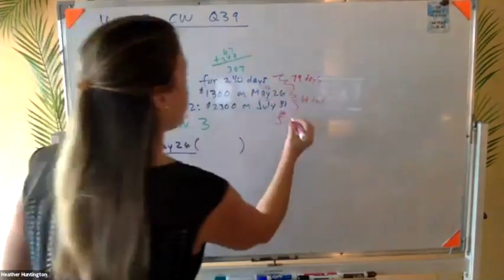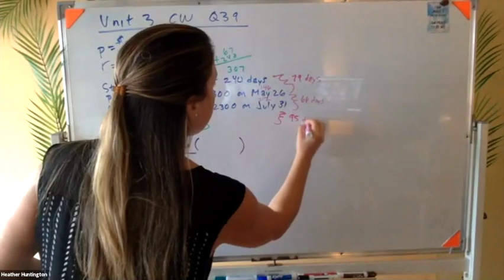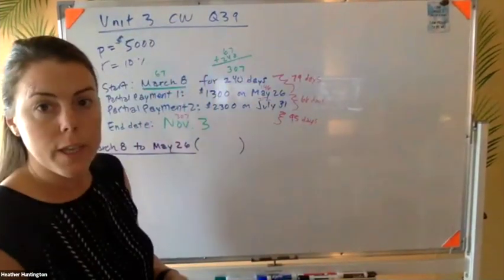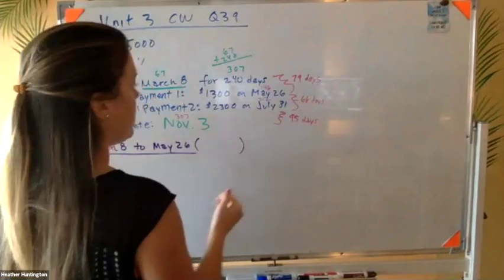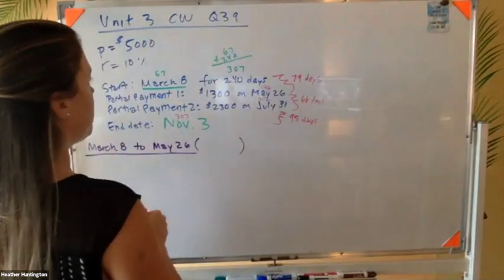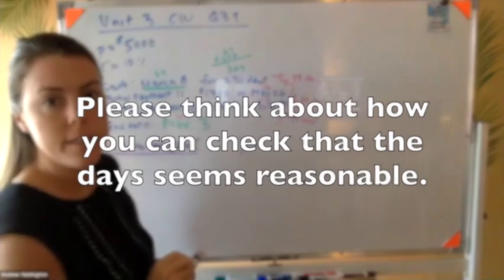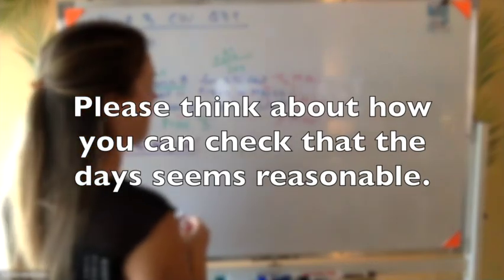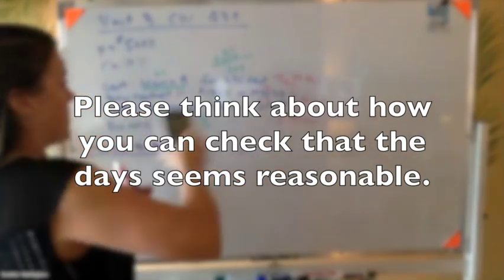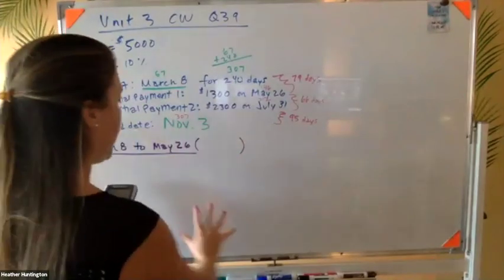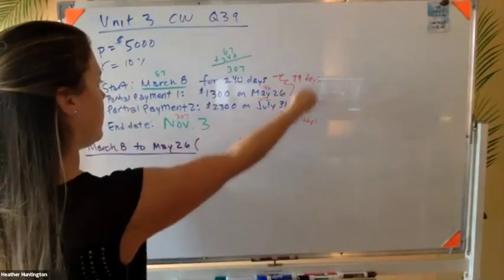I'm getting 95. Okay. Whenever we're doing problem solving, it's always good to check as you go along. What is one way to check at least the days over here? Any ideas on that? Instead of jumping right into the whole math of everything, I'm going to check the days here.